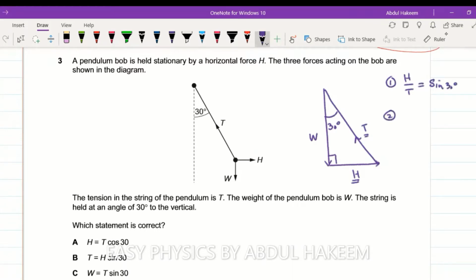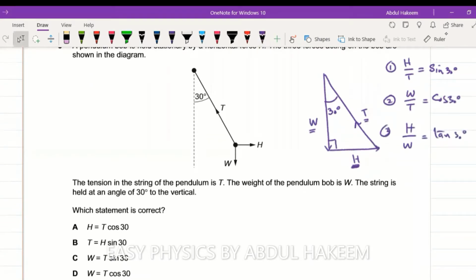And the second possible is base divided by hypotenuse, meaning W divided by T is equal to cos 30. And the third is perpendicular divided by base, meaning H divided by W is equal to tan 30 degrees.